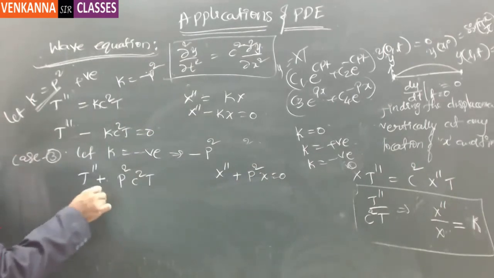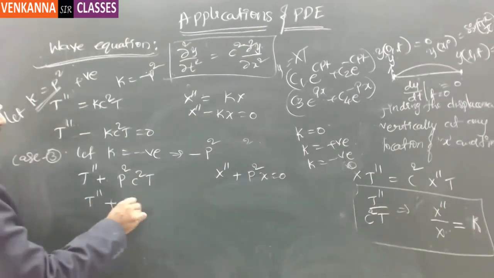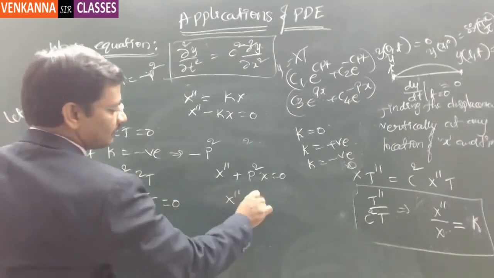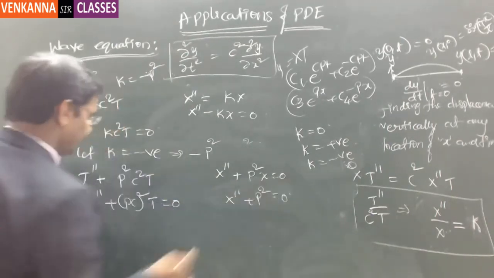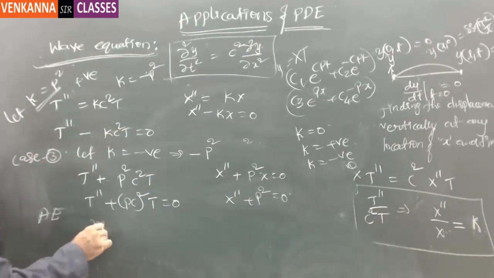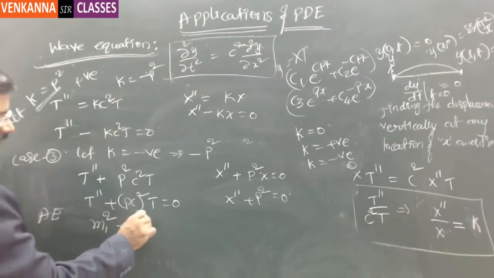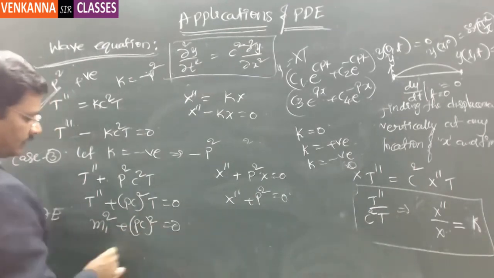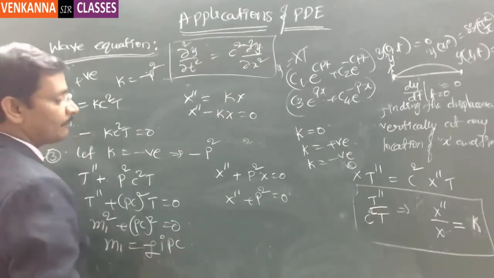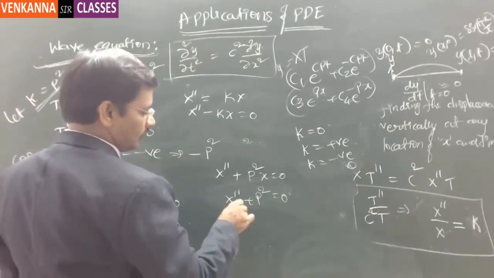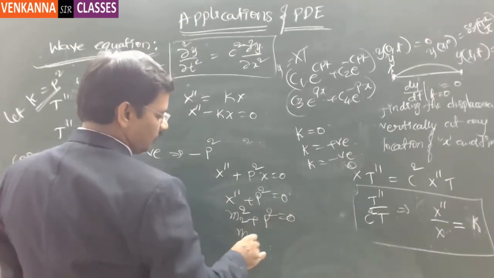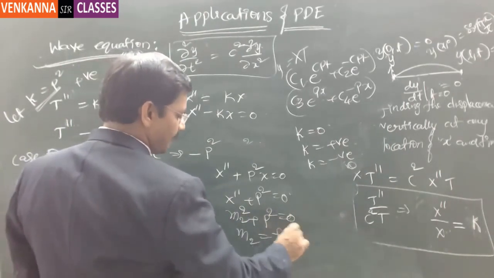So this is T double dash plus (pc) whole square T equal to 0, and X double dash plus p square X equal to 0. Then the auxiliary equation is m1 square plus (pc) whole square equal to 0, and m1 is equal to plus or minus i pc, and here m2 square plus p square equal to 0, and then m2 is plus or minus ip.